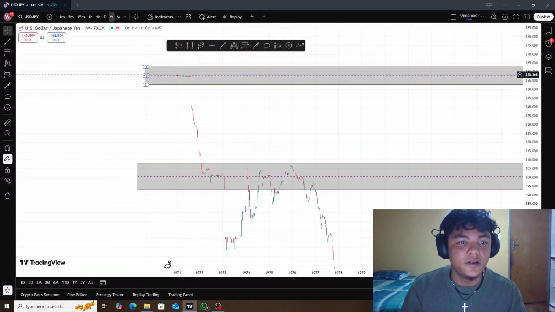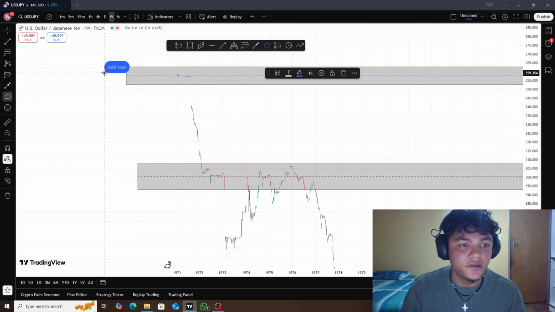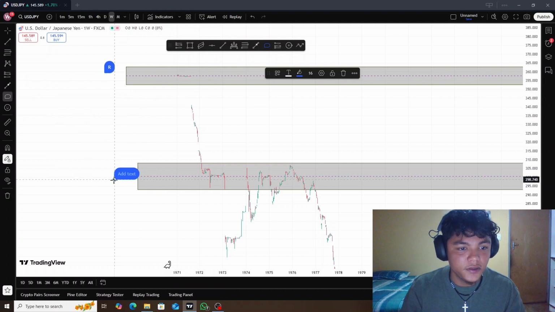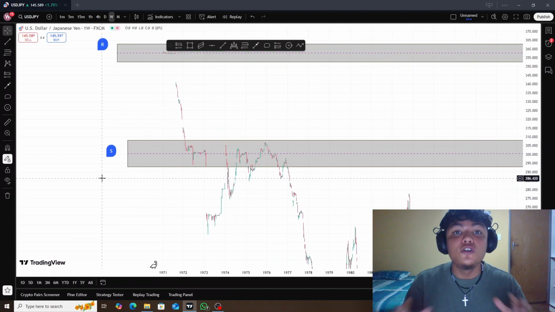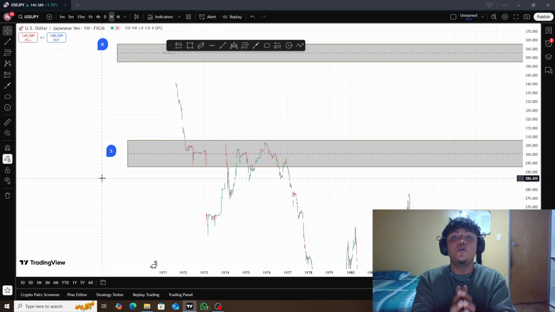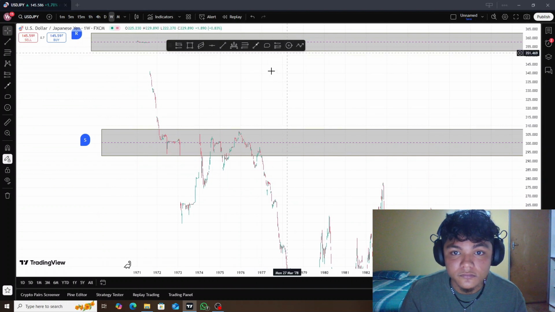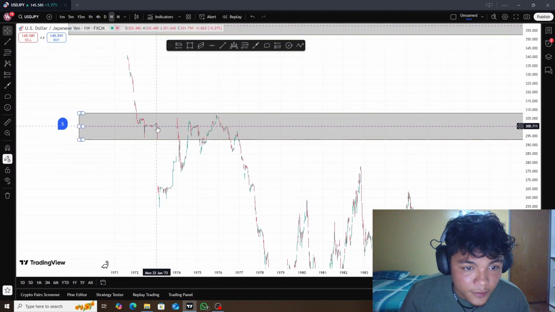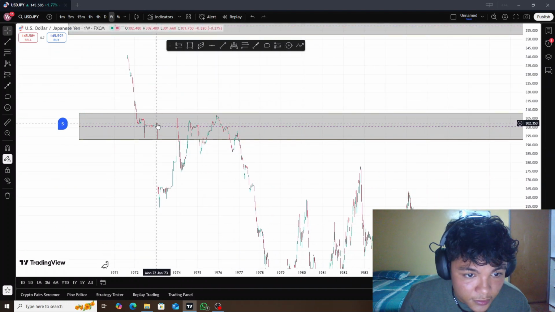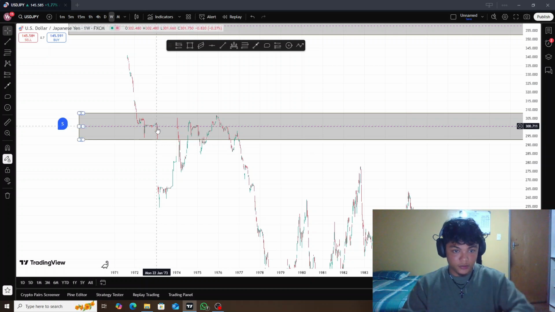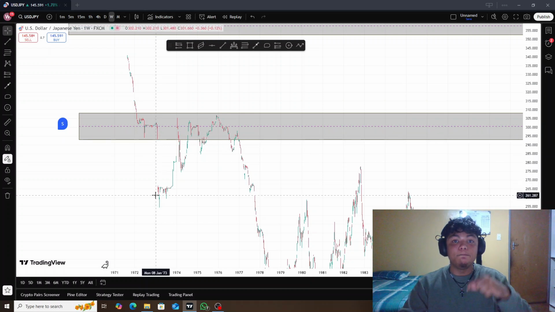So now we mark out this. This is resistance, this is support. So now because we are in a downtrend, support will always become resistance. Okay, so now what happened from here, the market got pushed down, so it broke the support level.